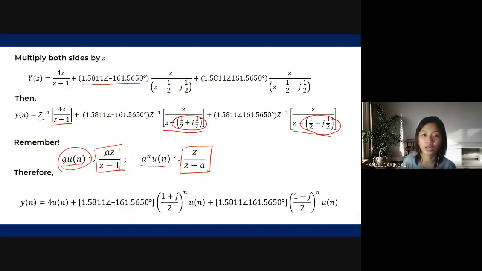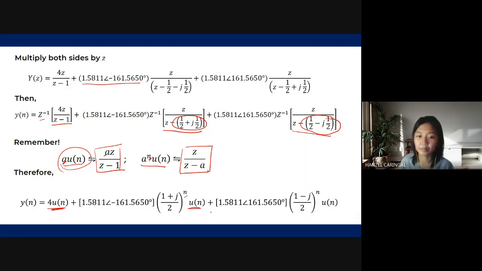Therefore, our inverse z transform, y of n, is just equal to, since we just substituted 4 as the value of a, 4 to the n for the first term, plus, copy the constant, then our a, 1 half plus j 1 half. Since they have the same denominator, it can be written as 1 plus j over 2 raised to n, u of n.